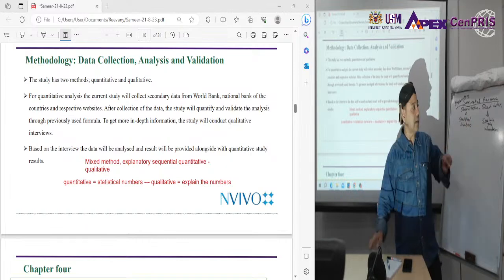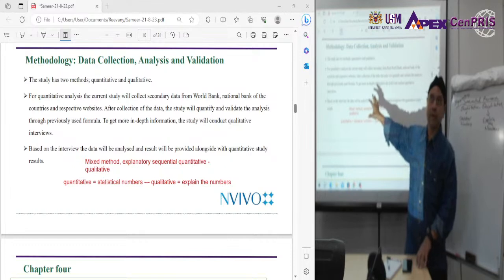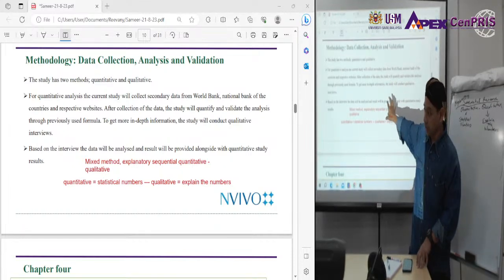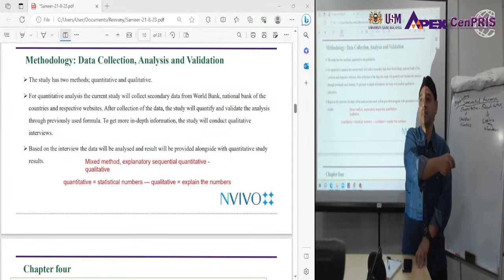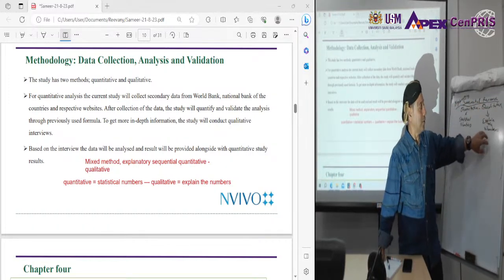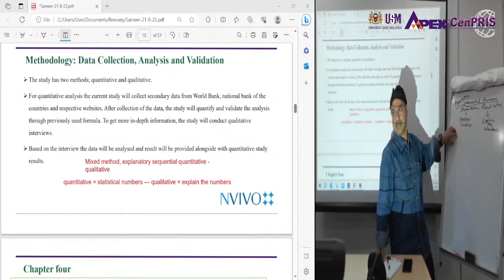So you say that this is where, when we have questions from the quantitative data, from the numbers, you will capture those questions and ask the experts. Remember, this is explanatory sequential research. You're going to use the qualitative to explain the quantitative.